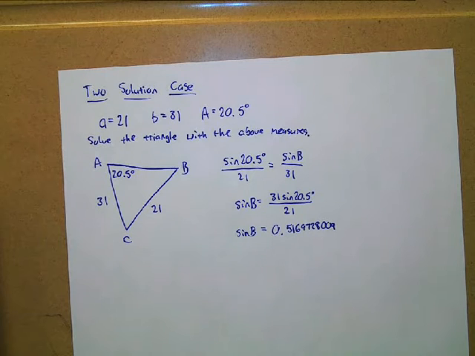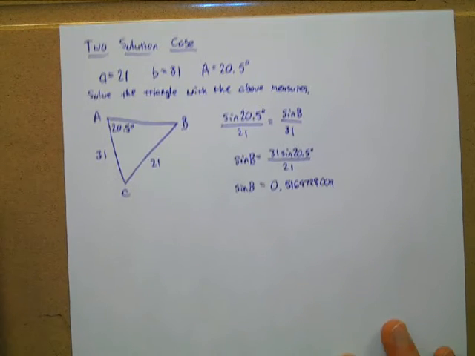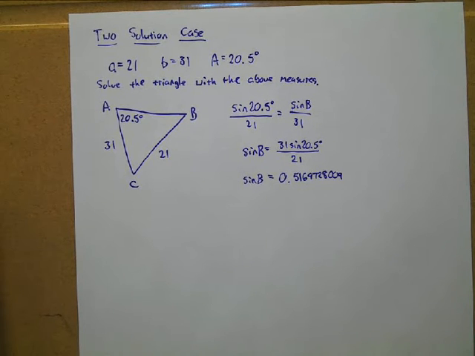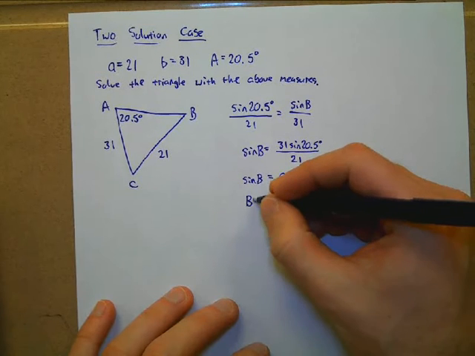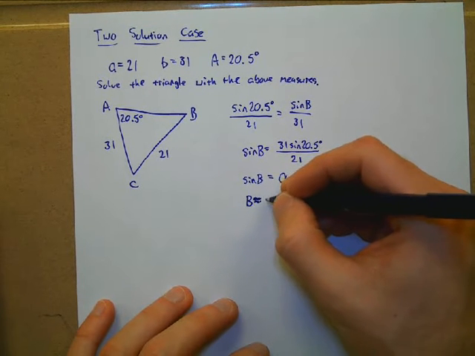And so when I do sine inverse of that decimal, I get that B is equal to, again, this is approximate, I should put a little squiggly equal sign there, approximately 31.129 degrees. Okay, and I can check that if I go the opposite direction.